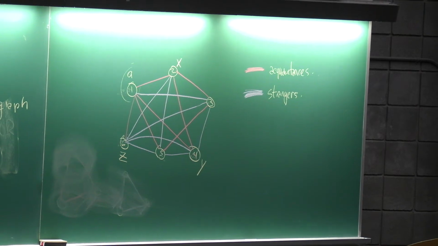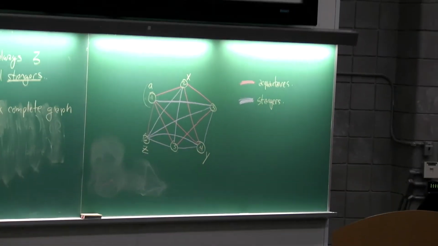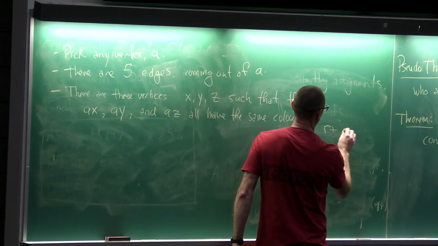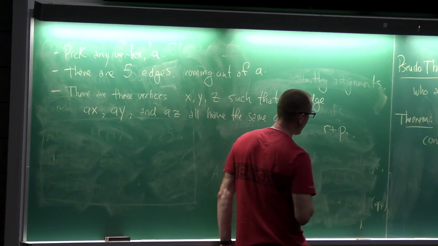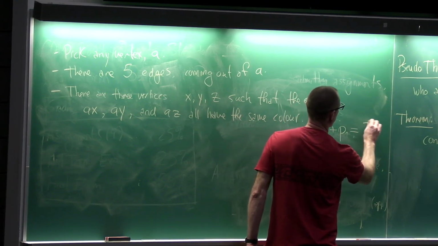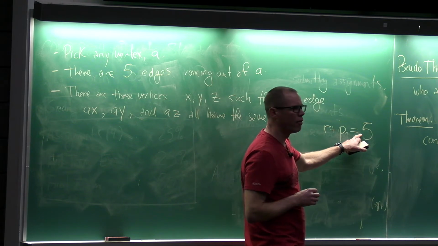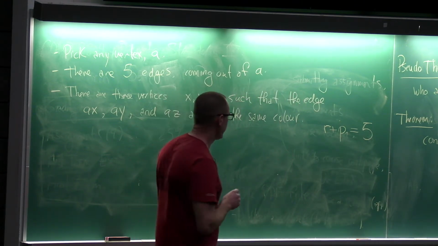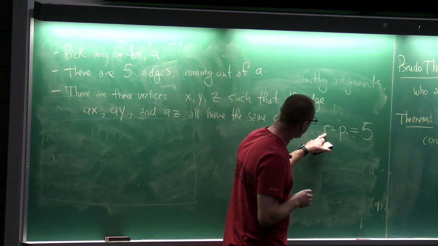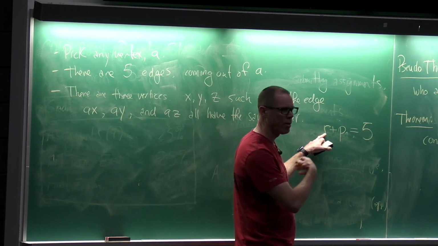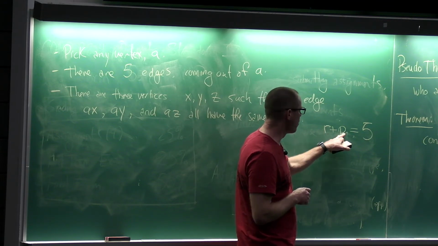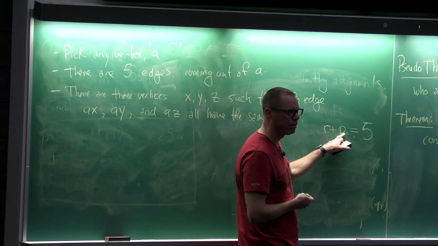Now, why is that always going to be true? Well, the number of red edges coming out of A plus the number of purple edges coming out of A is all of the edges coming out of A, so there's 5 of them. If I have less than 3 red edges coming out of A, that means I have at most 2 of them, so then I must have at least 3 purple edges, right?